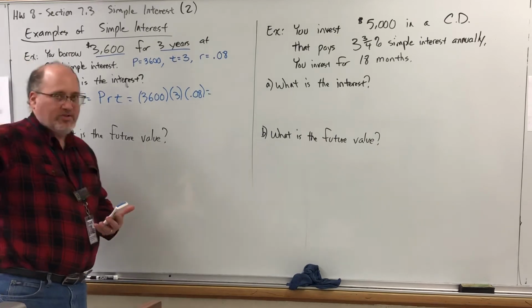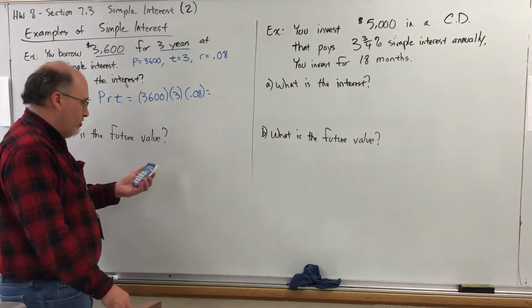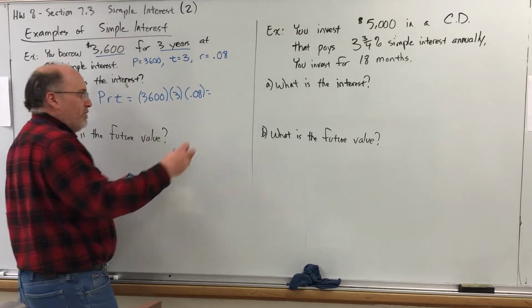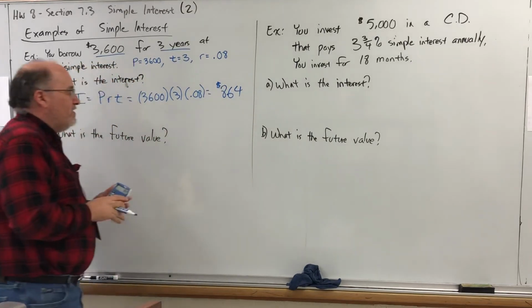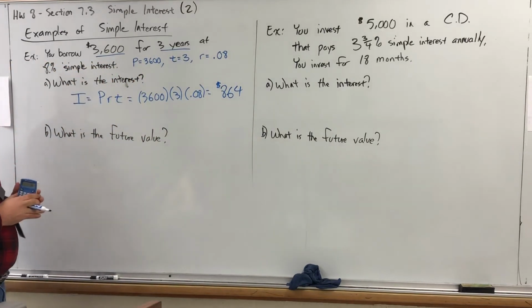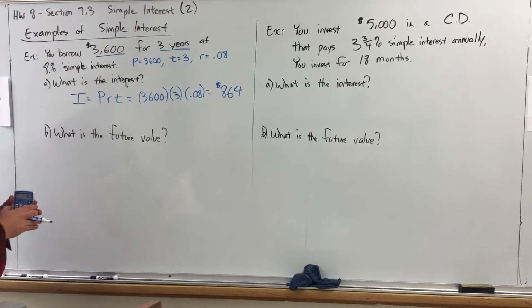Whereas in the previous material about sets and logic, we really didn't have many numbers. But the product here ends up being 864. Which means your price for borrowing this money under these conditions is $864.